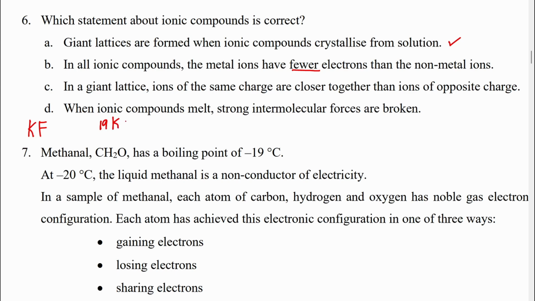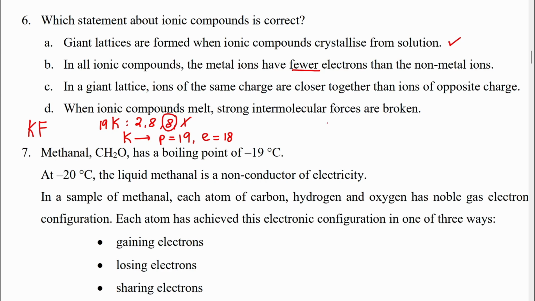Then the electronic configuration is 2, 8, 8, 1. So it's better to lose 1 electron, and the valence electron at the end is 8. So potassium in this case, the proton number is 19 while the electron number is 18 because you lose 1 electron and it will transfer to fluorine.